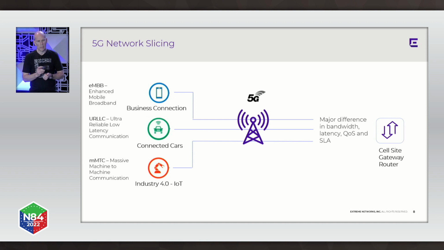Then you have the URLLC use case, for which the famous example is autonomous driving, and that is obviously latency sensitive. So now you start to see traffic that might be within an area or region, meaning traffic going within an edge data center, could be CU to CU communication there.